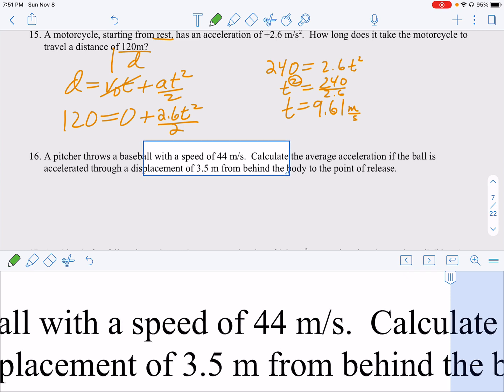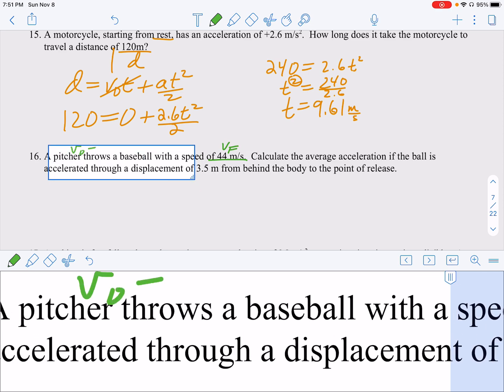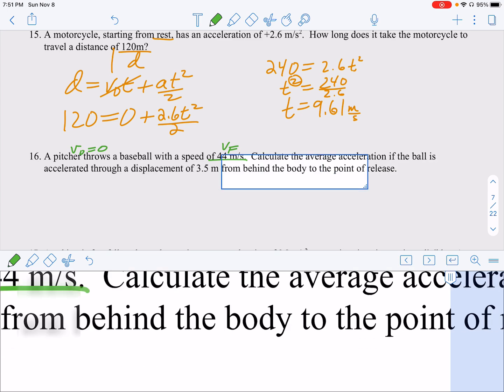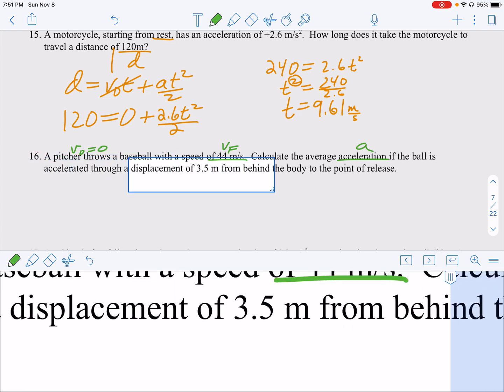Okay, so this guy pitches a ball 44 meters per second. Well, I guess VO is 0 before the windup. Calculate the average acceleration of the ball. Okay, so I'm looking for the acceleration. The ball is accelerated through a displacement.